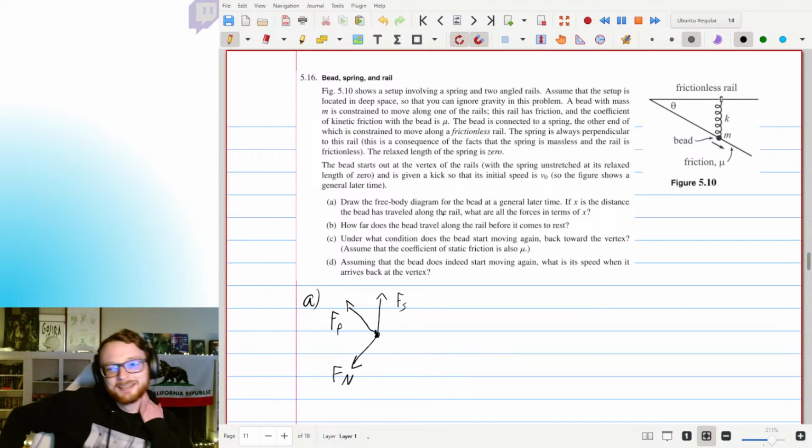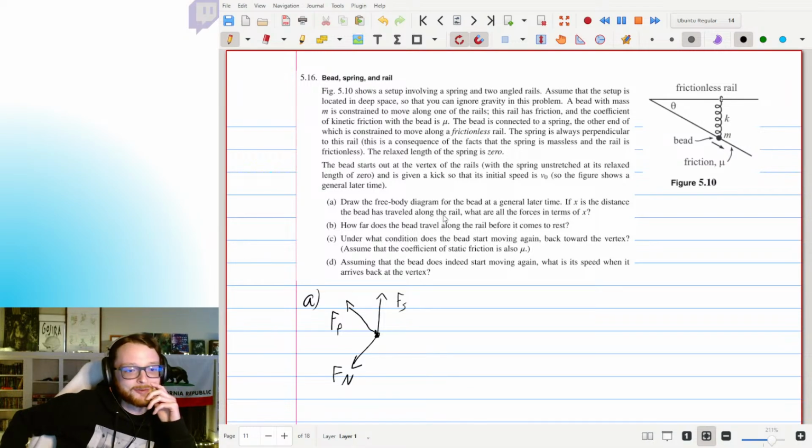Like that? I don't like that the normal force is perpendicular, but it is the normal force. It is perpendicular by nature.